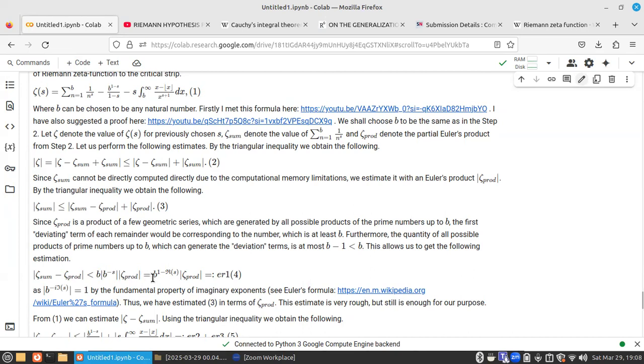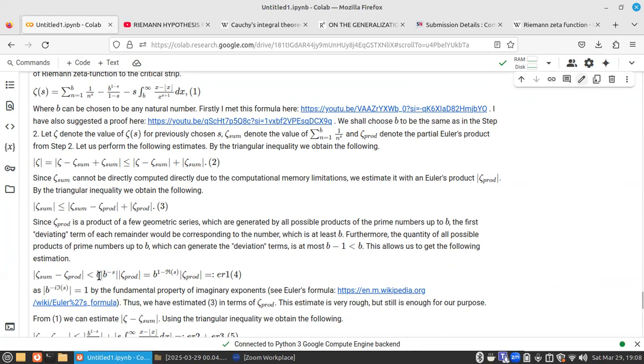So as we know that b is our upper bound, the product of the terms corresponding to the upper bound would be at least b, the product of the powers of corresponding prime numbers.